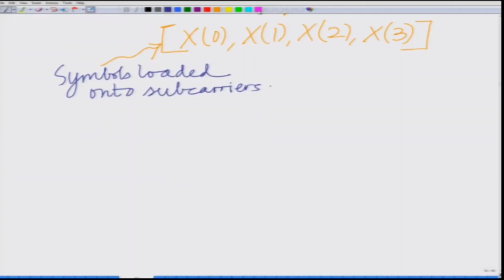And naturally, the only remaining thing is the noise. That is also very simple. You have the small v's, which are the noise samples, additive white Gaussian noise samples, in the time domain.